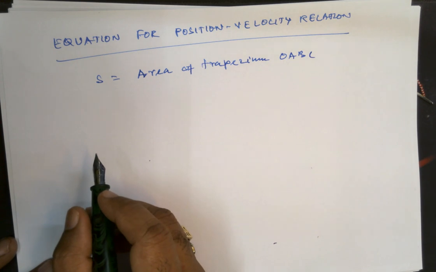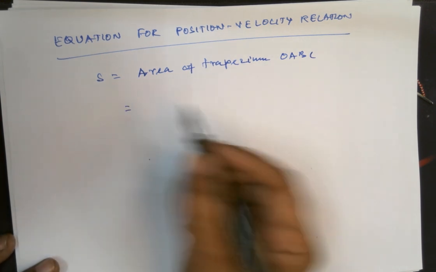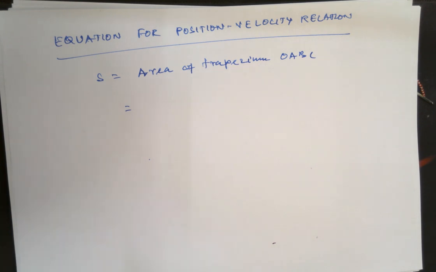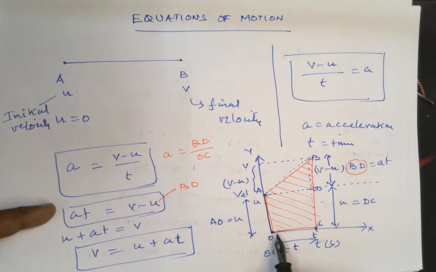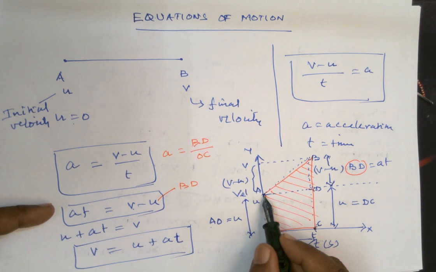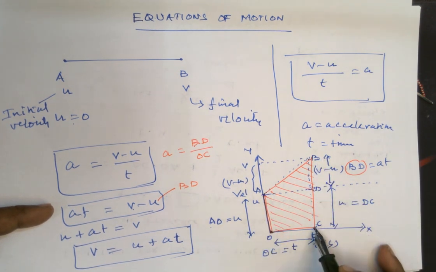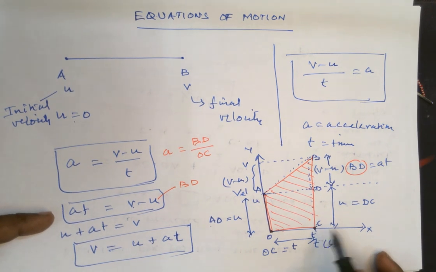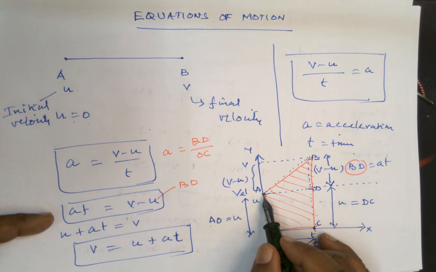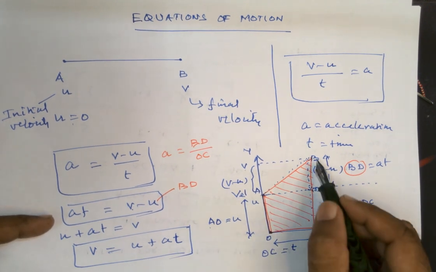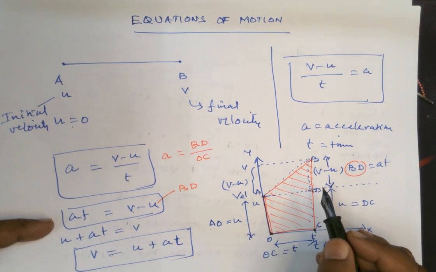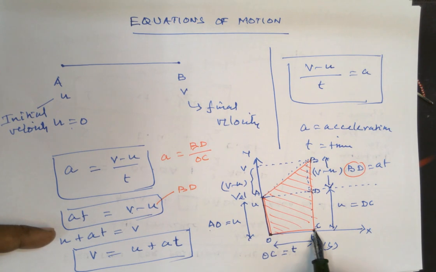Now listen, OABC. So we can have this OA plus BC, into OC.